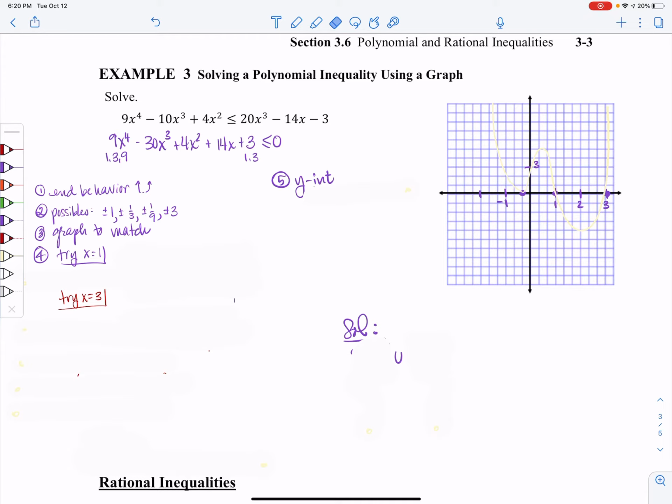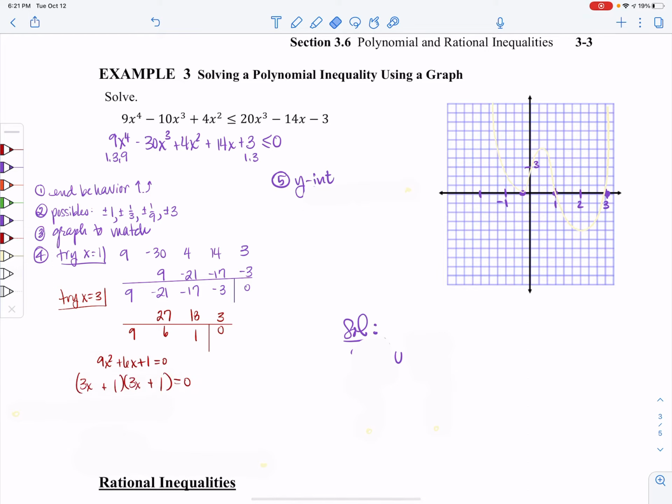And so using synthetic substitution, I'm going to have an x-intercept at 1, an x-intercept at 3. Again, a lot of this work is not necessary, folks. And then I'm going to take my quadratic and I'm going to solve. And so when I solve, I'm going to have x equals negative 1/3 with a multiplicity of 2.